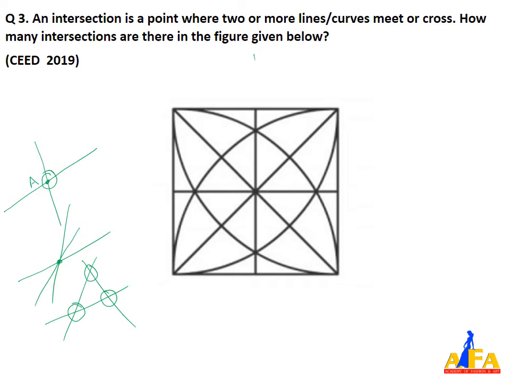Here also you can see that it is a similar figure. So in this part, if we calculate the number of intersection points, the intersection points are 1 and 2. These intersection points we will take in the common part, because these are also having this shape and this shape.